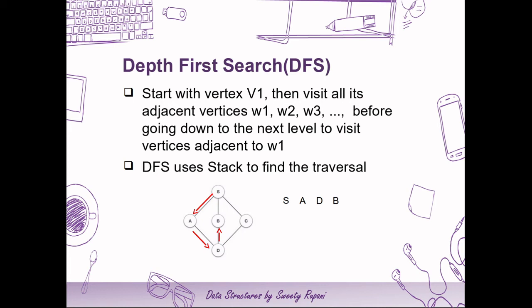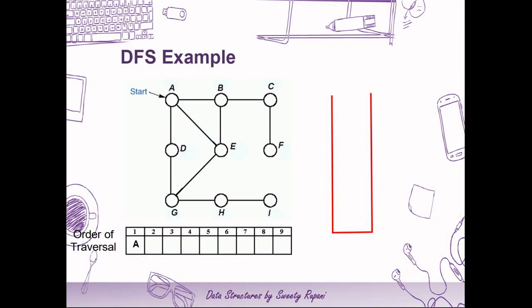B has an adjacent vertex S, but S has already been visited, so it will backtrack to D. Once it comes to D, it finds that one more vertex is left to be visited, which is C. So C gets visited. Then when it starts from C, it goes to S, but S has already been visited, and we have reached the end. All the nodes are now visited. So this is a DFS traversal.